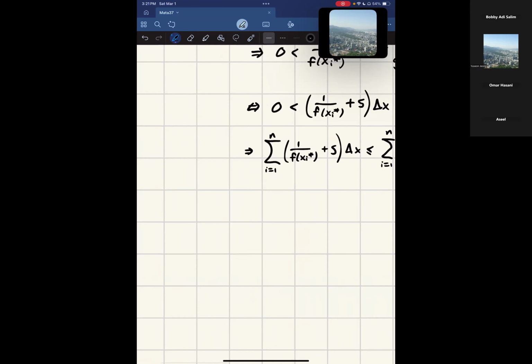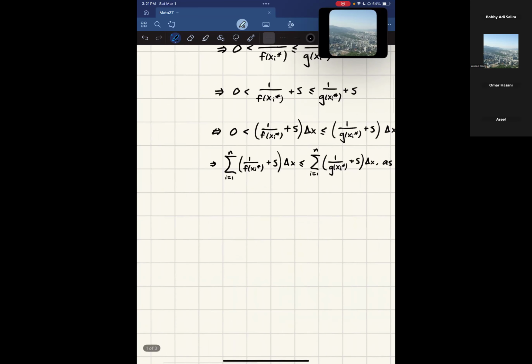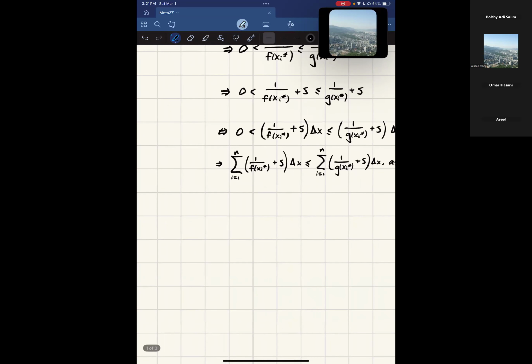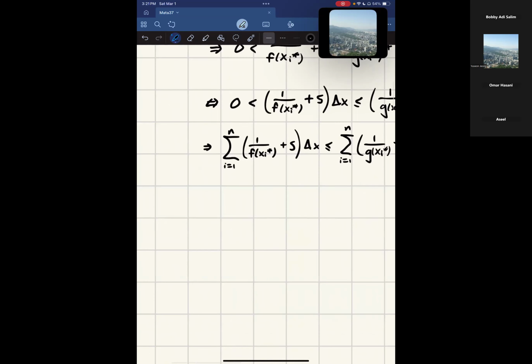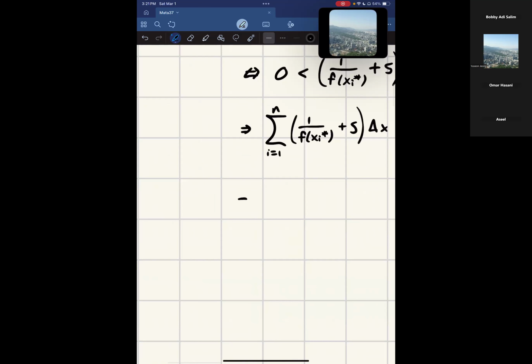Okay, and the next step we can use here is limits. The only thing missing from the Riemann definition is limits, so we can now apply limits to both sides.